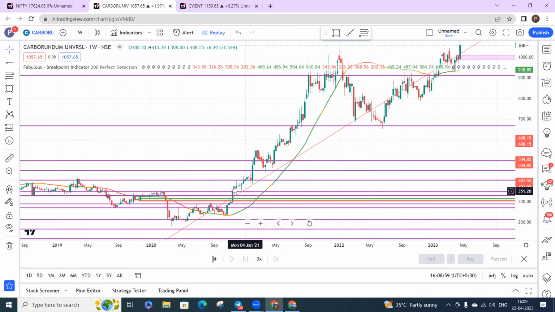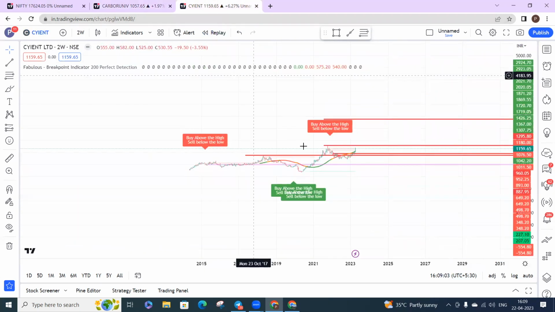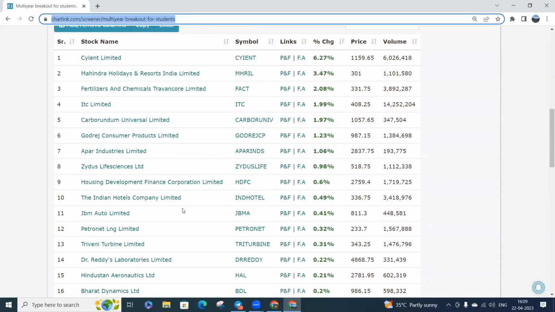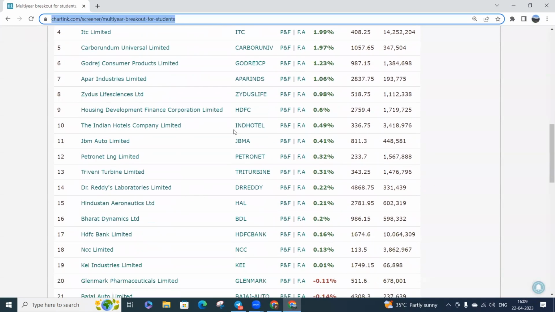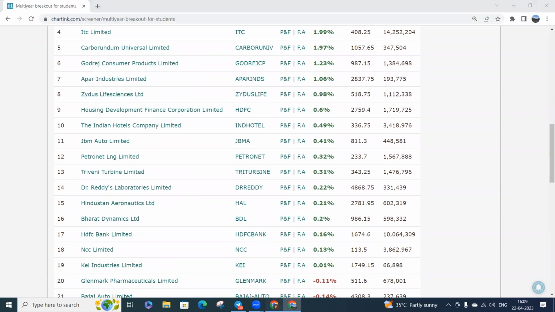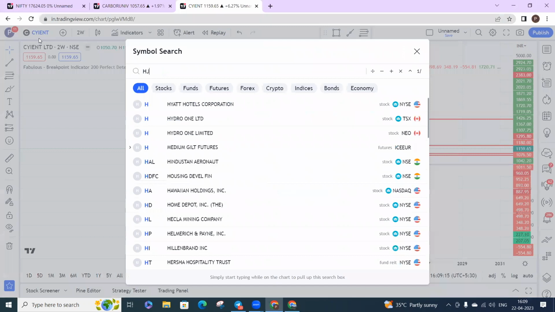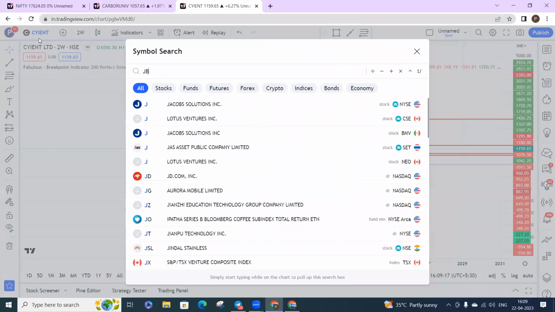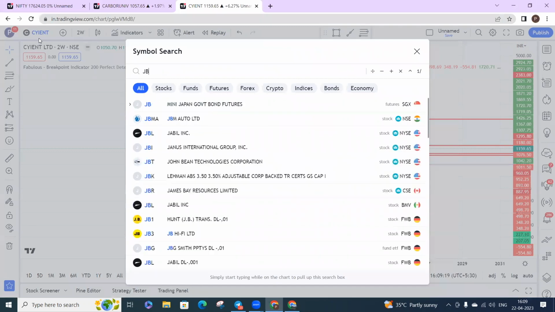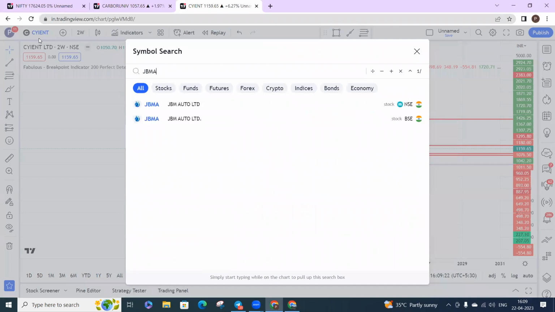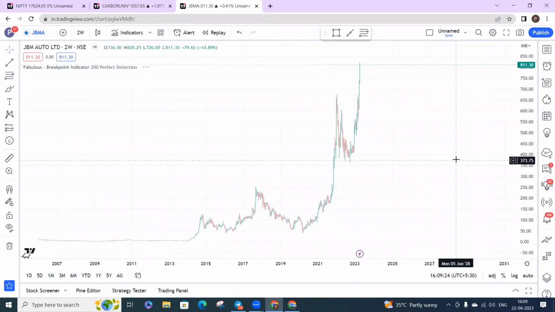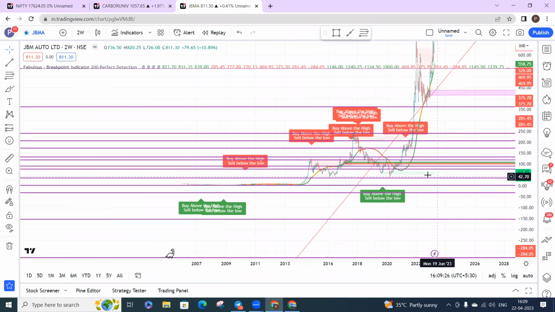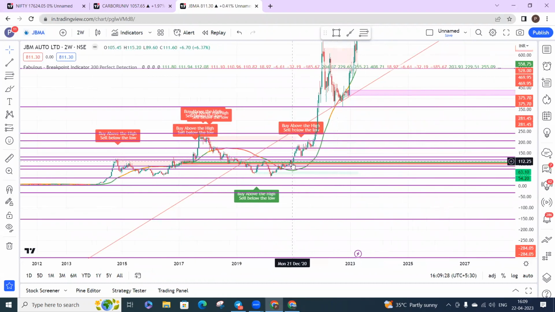Prior to that, if it's nearby on this weekly time frame, if it's on a breakout, try to find those stocks for your kitty. Let's say I'm taking JBM Auto. JBM Auto gave a buy around here.